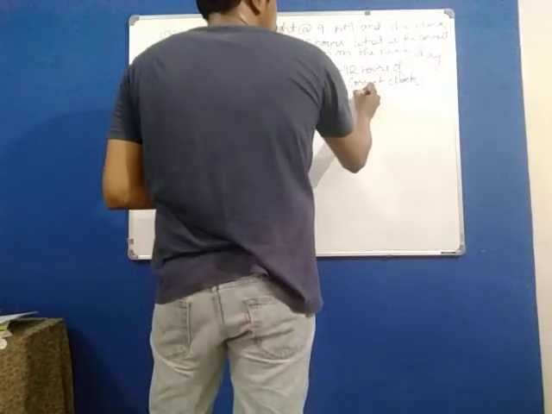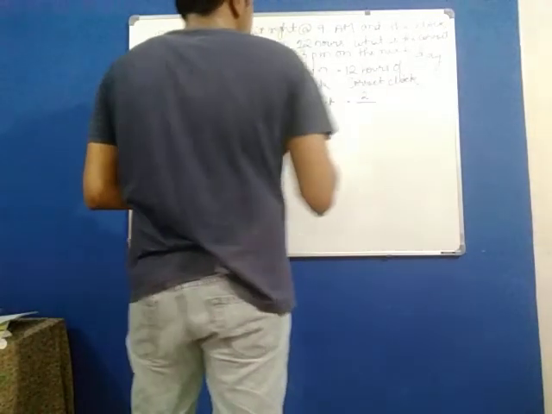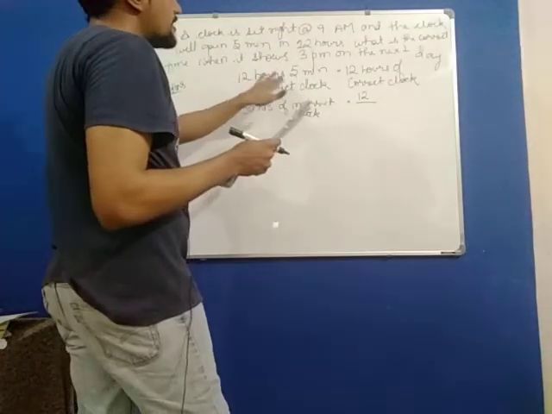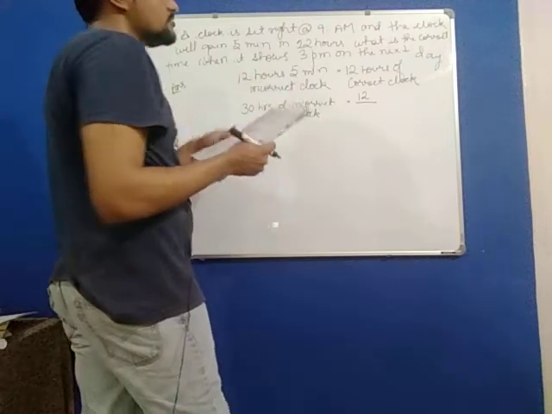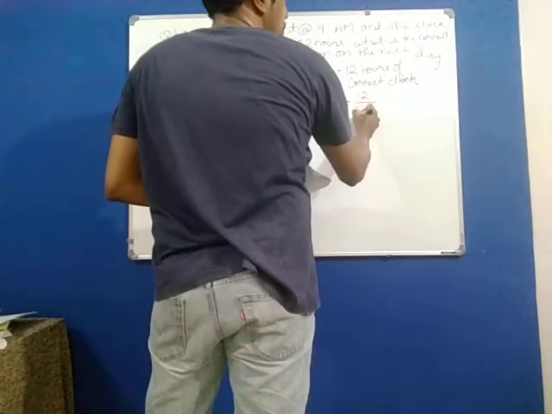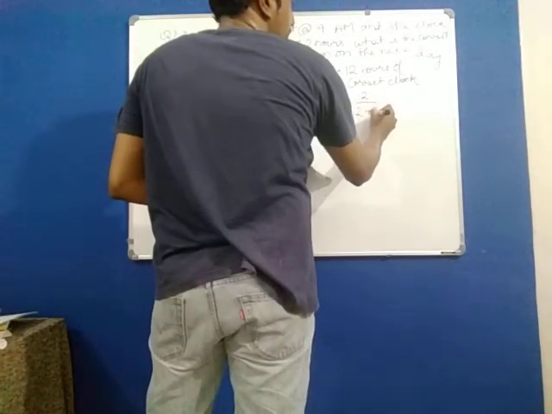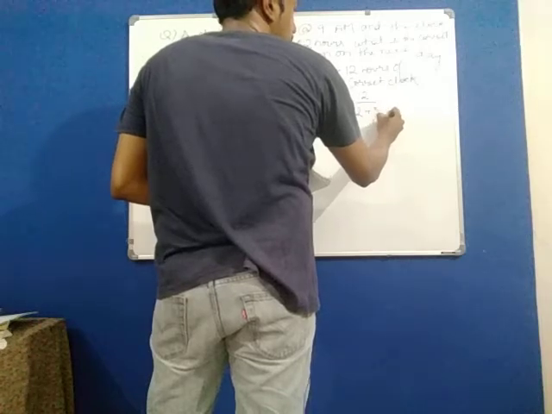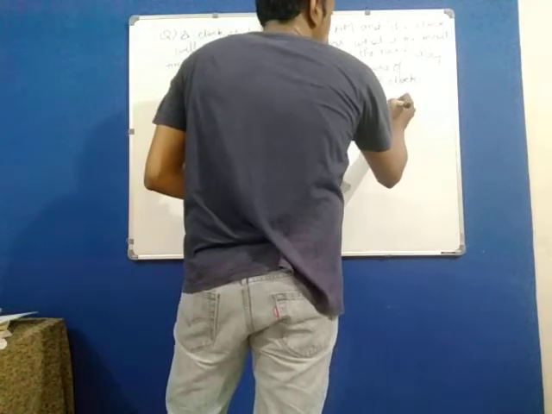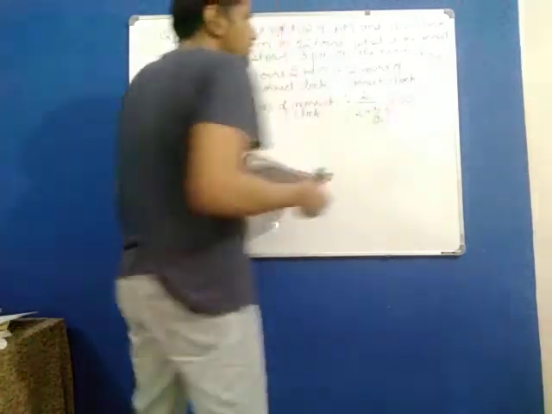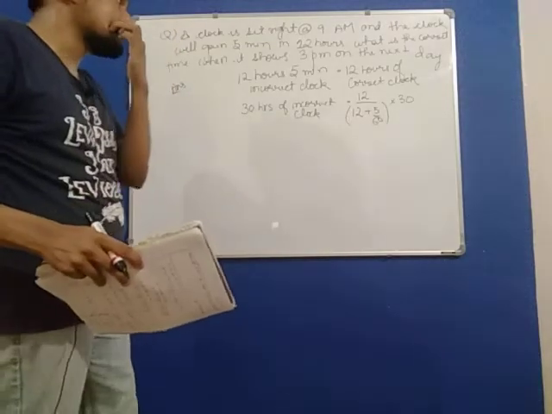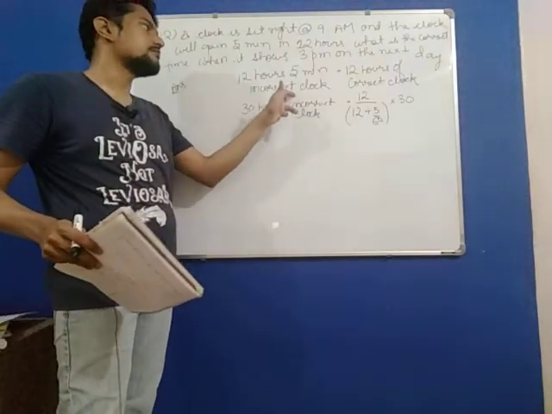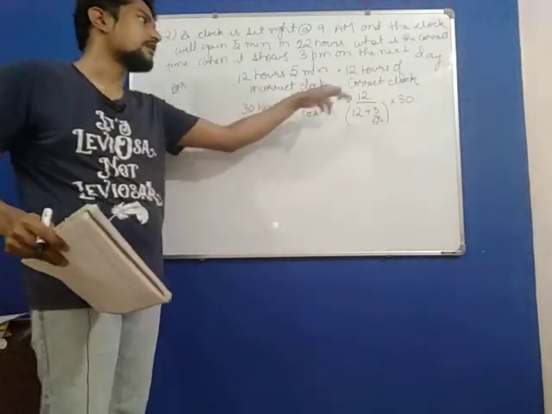will be equal to 12 upon 12 plus 5 by 60 hours, into 30. This is nothing but the unitary method that we have applied. That 12 hours 5 minutes of incorrect clock is 12 hours of correct clock.